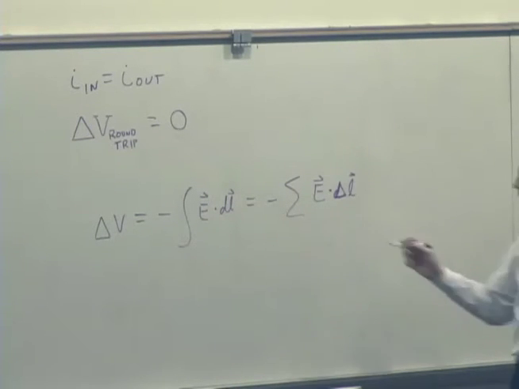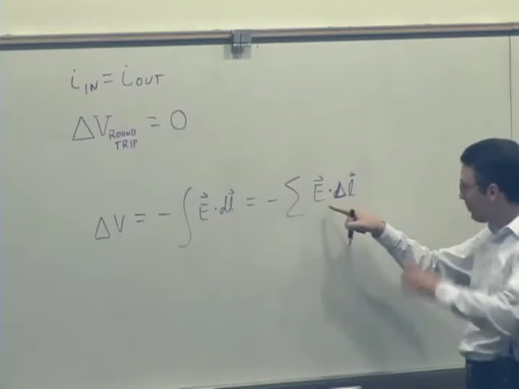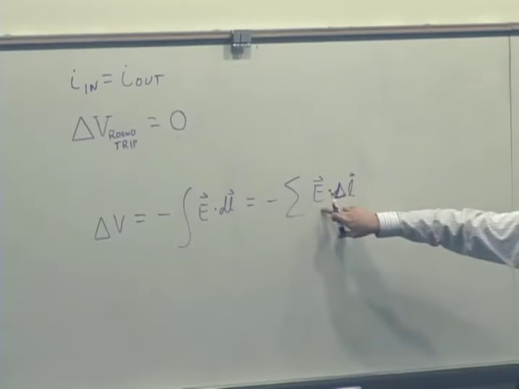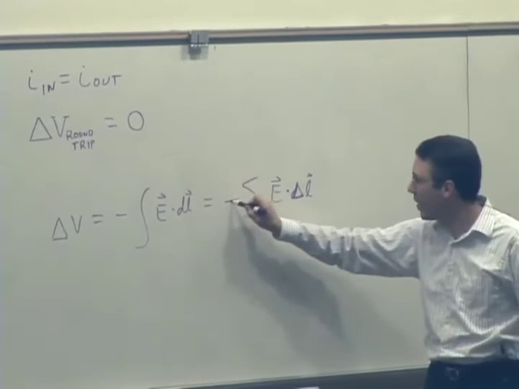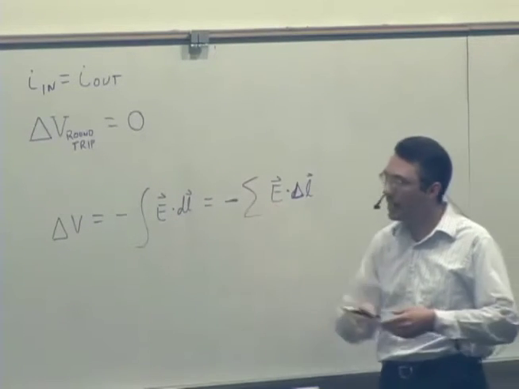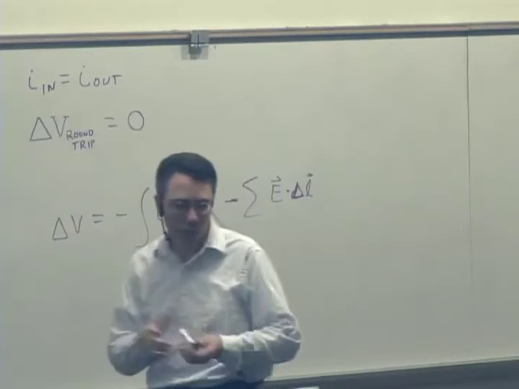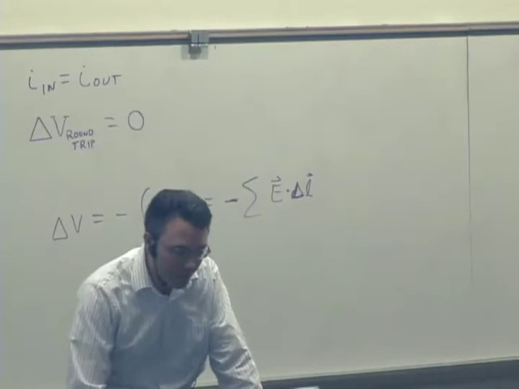And remember that the dot product says that if these vectors are in the same direction, then your dot product would be positive, but you have this leading negative sign out here, because it's talking about the change in potential energy per unit charge.